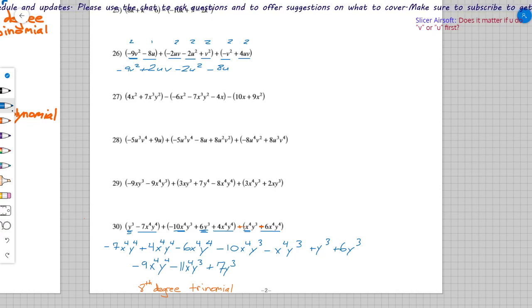Does it matter if you do v or u first? You can do u squared first rather than v squared first, that's fine. The only thing is that negative 8u needs to be at the end. And if we were to label this, this would be a quadratic.